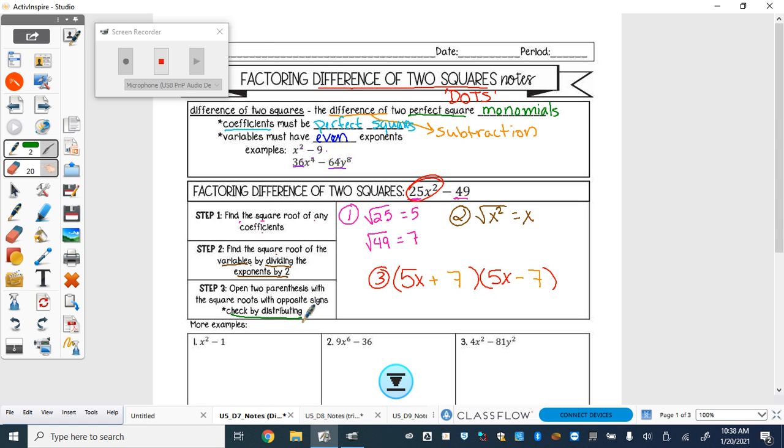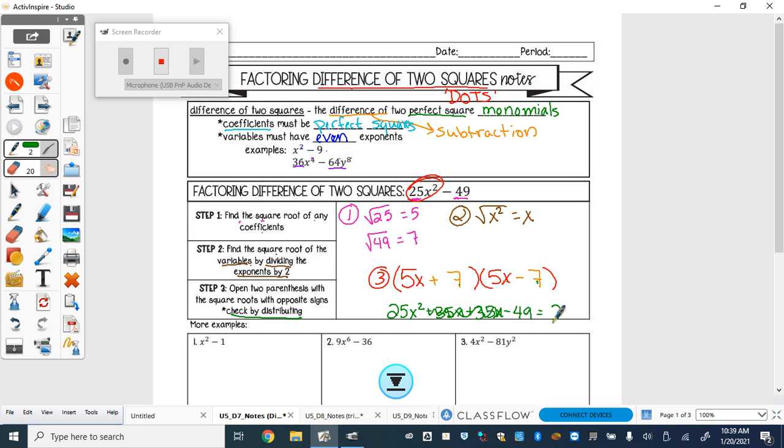So again, we would check by distributing, so 5x times 5x would be 25x squared. 5x times negative 7 would be negative 35x. 7 times 5x would be positive 35x. 7 times negative 7 would be negative 49. And so then this 35x here and the negative 35x, those would cancel each other out.